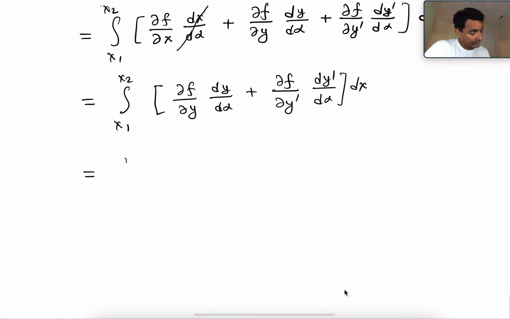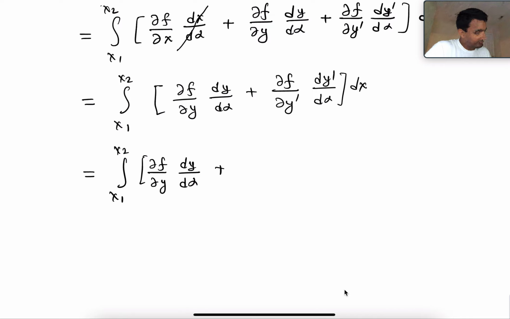So let's do integral x1 to x2. The first term is simply del f by del y dy by d alpha. And the second term, if you remember that y prime is simply dy by dx, right? Y prime was defined as dy by dx.